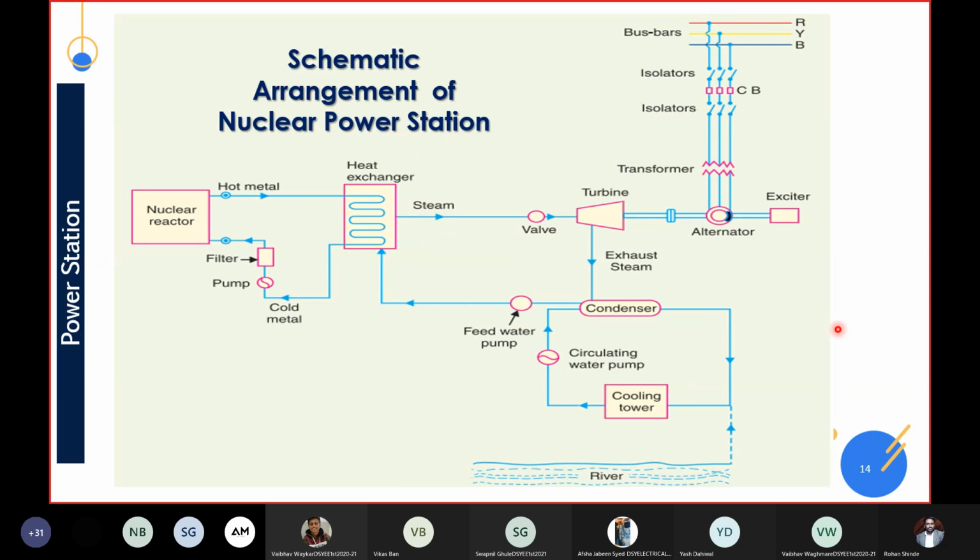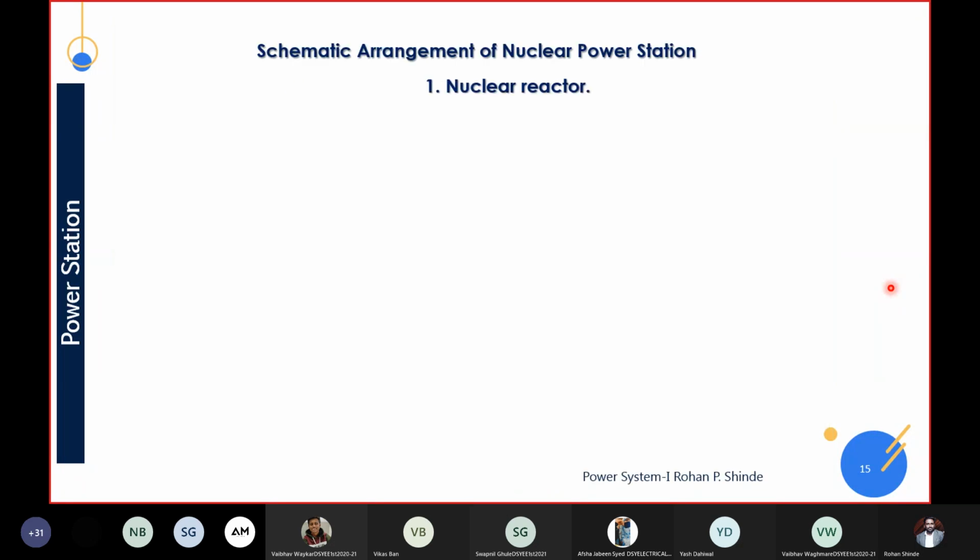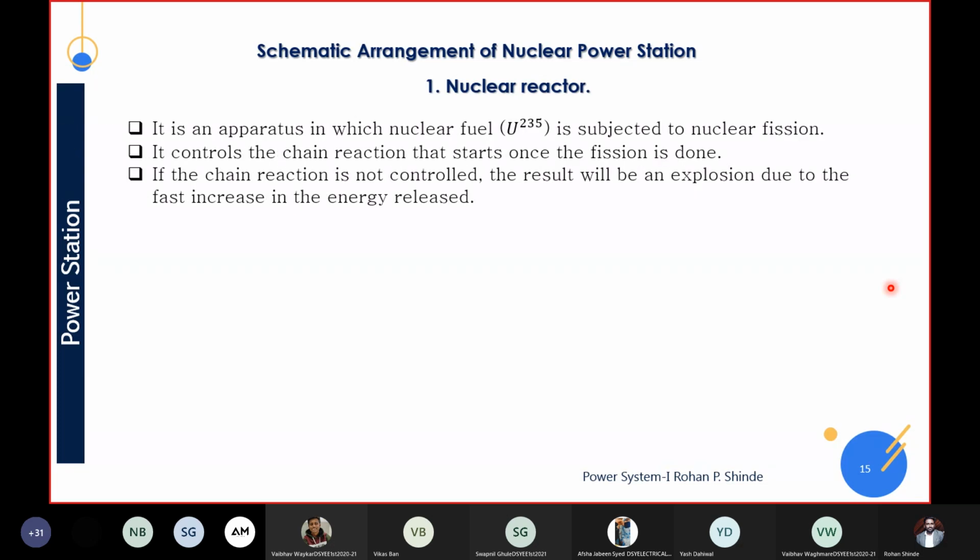Okay. Now we will study in detail about this schematic arrangement. Okay. Now we will see one by one stages. Now first we will see what is the nuclear reactor. Okay. So see here, it is an apparatus.